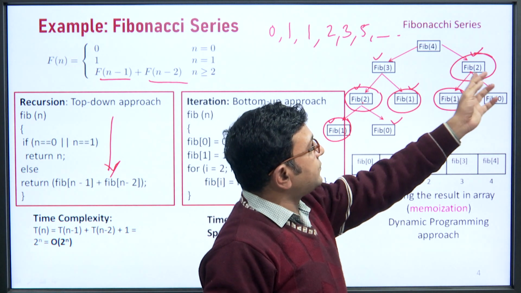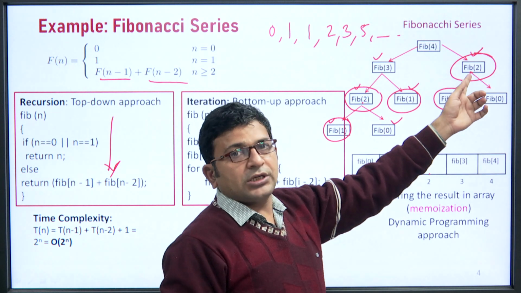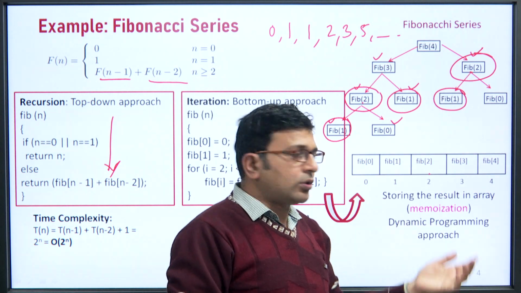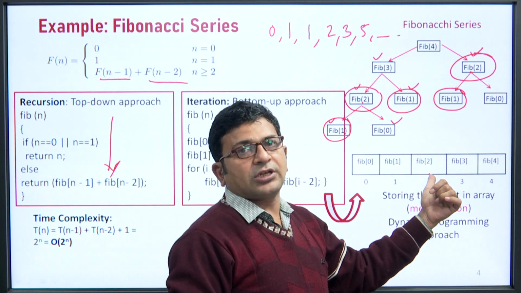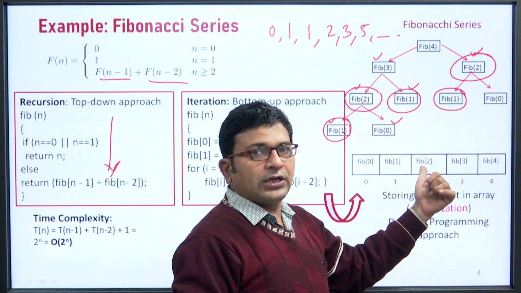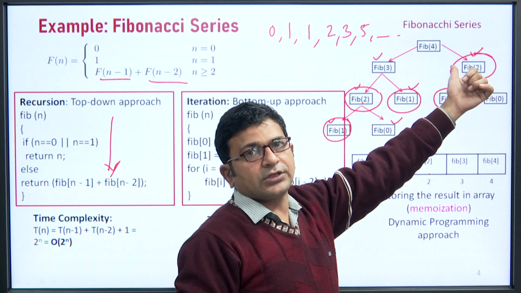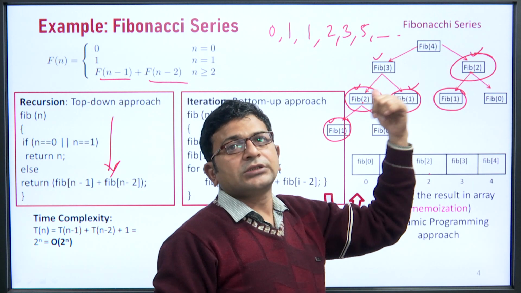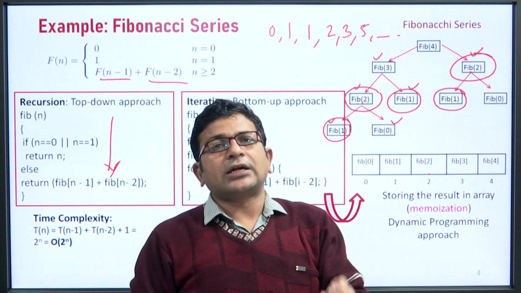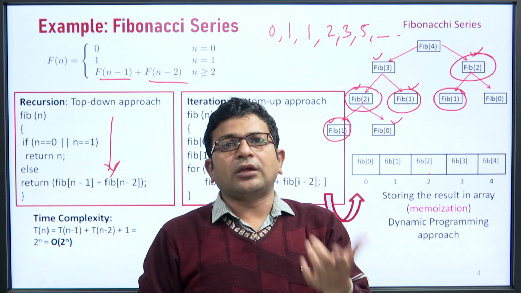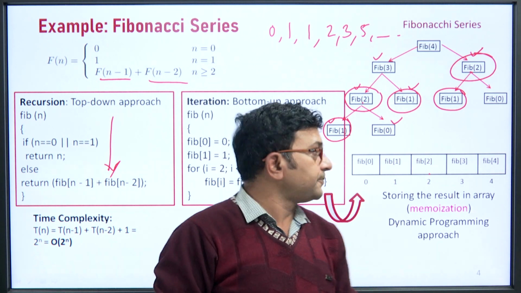Now, next time when this common sub problem Fibonacci of 2 occurs, instead of solving it on its own, it just copies the value stored in this table or array. The value stored in this array will be directly used by this function, so it will not solve it again. So, every common problem is solved only once, and the answer is stored in the table and is further used for the next common sub problem.